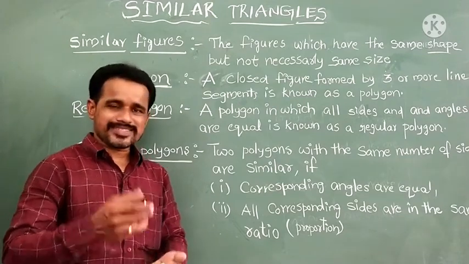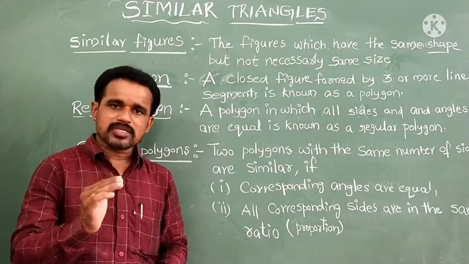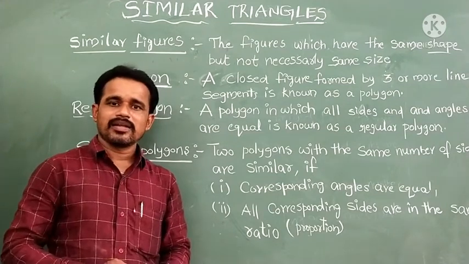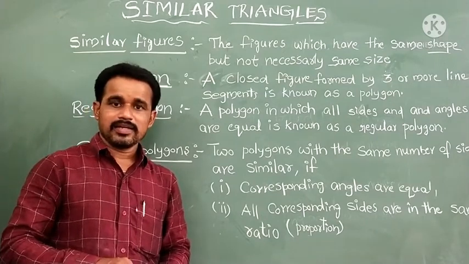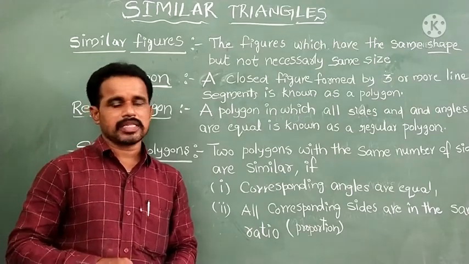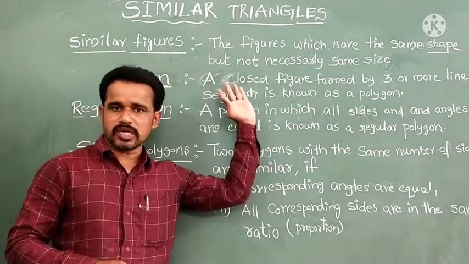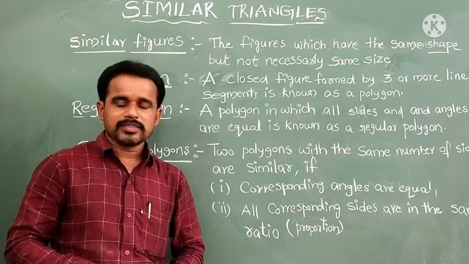Then what about size? Size is not at all important. Sometimes size may be equal, sometimes size may not be equal. Even if the shapes are the same in both conditions, we can say that those two figures are similar. Am I right? Are you getting my point?